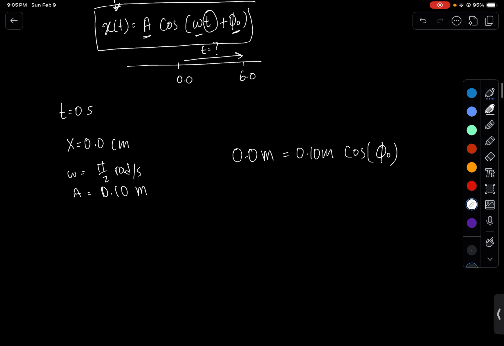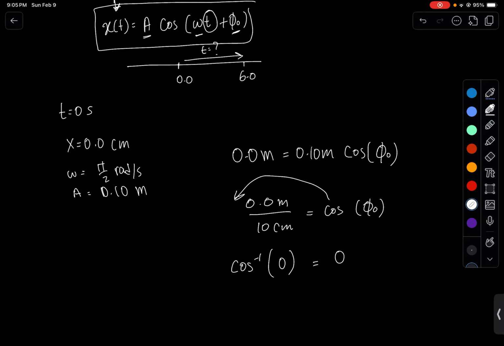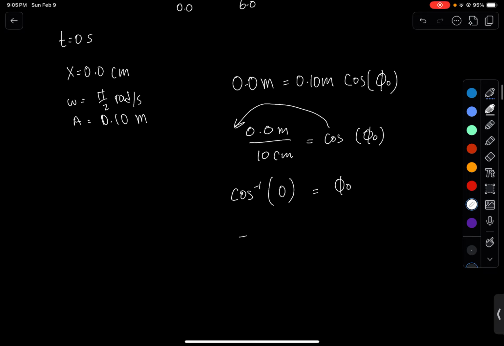Let's find it. We divide 0 by 10 centimeters, which equals cosine of the phase constant. Then we move cosine to the other side and it becomes arc cosine of 0 equals the phase constant. It will give us positive or negative 1.57 equals the phase constant. 1.57 equals pi over 2.